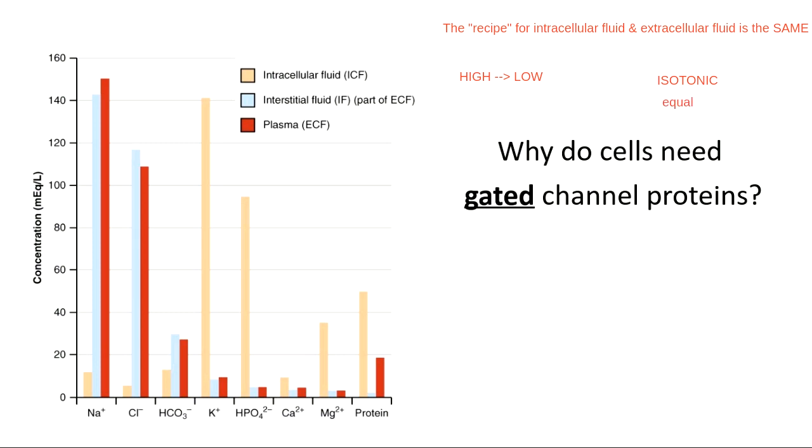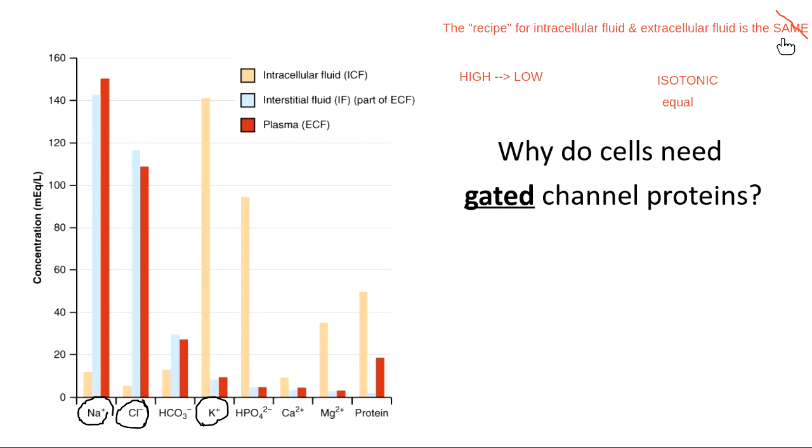Okay. Inside the cell and outside the cell, it is not the same, right? We fixed this statement. We said it's not the same. We can look at our graph here and we can see how it's not the same. We can see that there's different amounts of sodium, different amounts of chloride, different amounts of potassium. Those are the ones that we focused on. The inside and the outside of a cell is not the same.